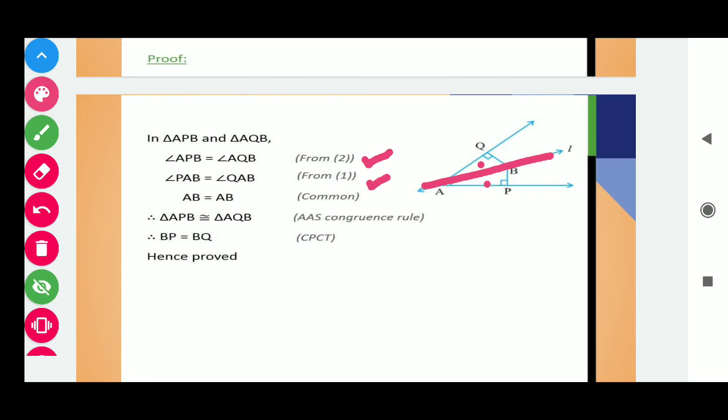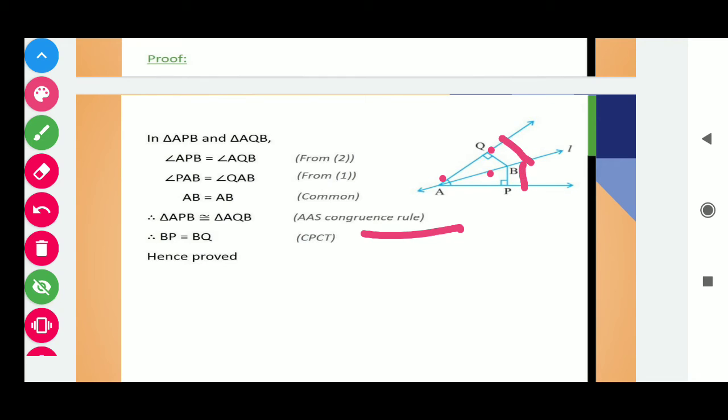In this way we get the three conditions, and students, you can observe here that it is angle angle side, because this side is not included between these two angles, this side is separate. So here by the angle angle side congruence rule, we get that these two triangles are congruent. Now students, we have to prove that BP is equal to BQ.